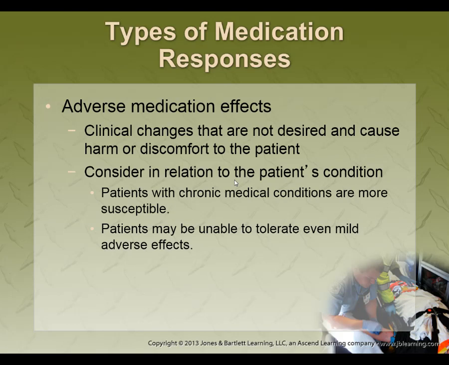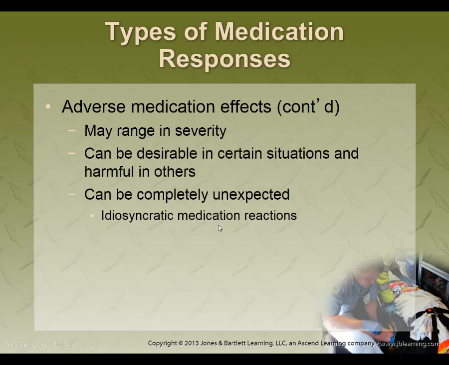So we have to be very mindful of what's going on with our patient and be looking for those adverse reactions, making sure we're following up and making sure it's not causing an issue. So we just want to be sure that we're mindful of those things.